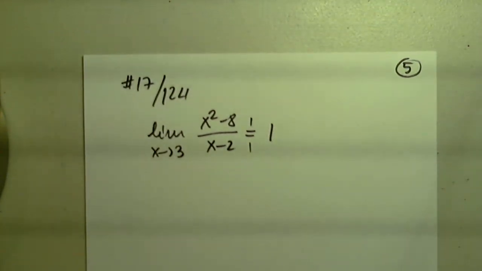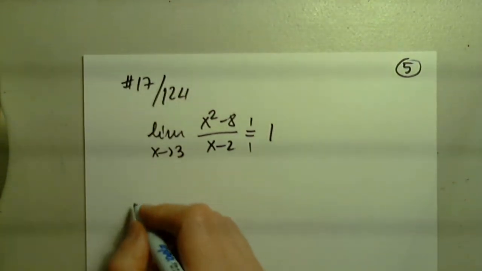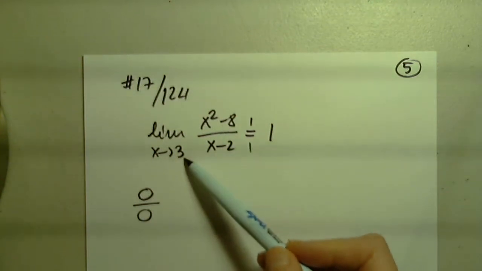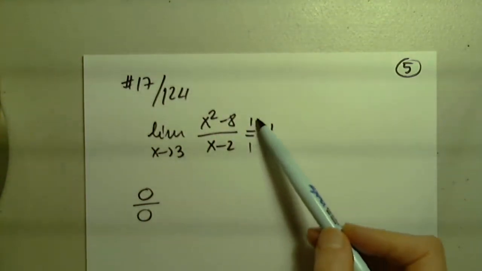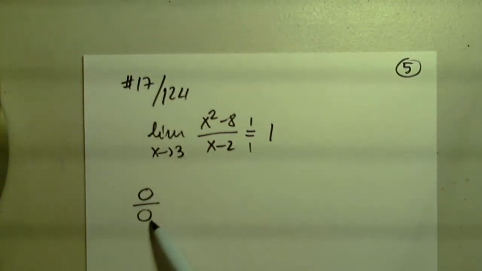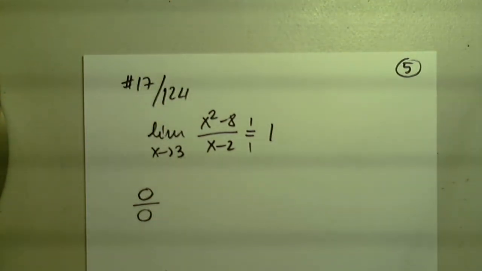Now, I also need to explain something very important. We will encounter limits in which when I plug in the number 3 in the top, I get 0. And when I plug in number 3, or whatever number, in the denominator, I get 0. Would that mean it does not exist? Very good question.